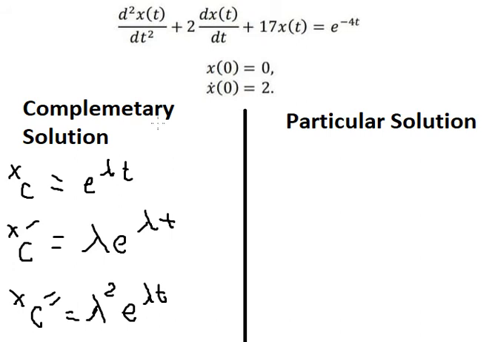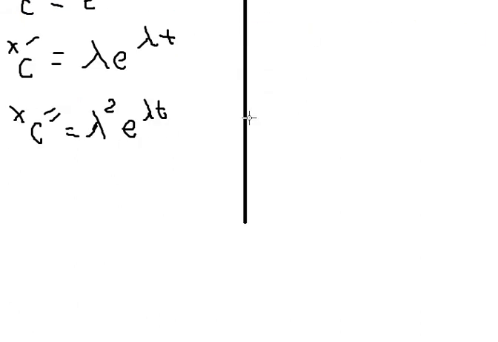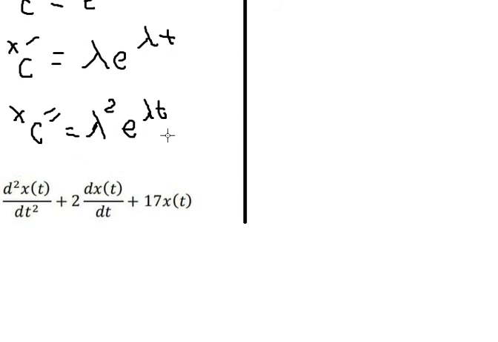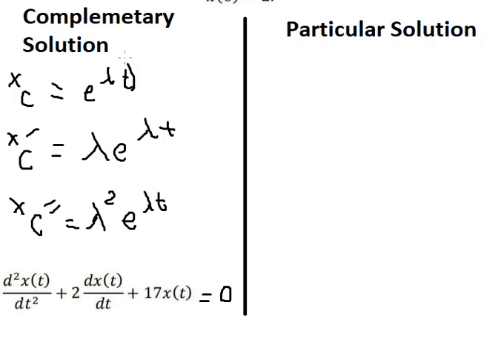Because this is about the complementary solution, this one equals 0. So we have this one in here. We change for s, this one for the first derivative, and the last one for the second derivative.